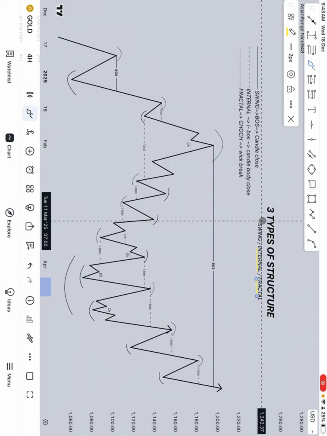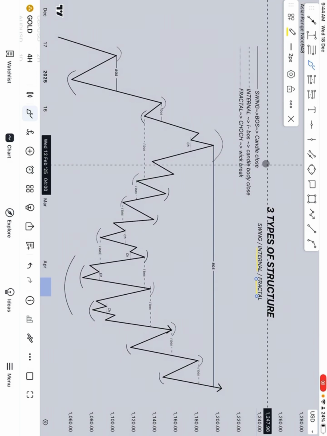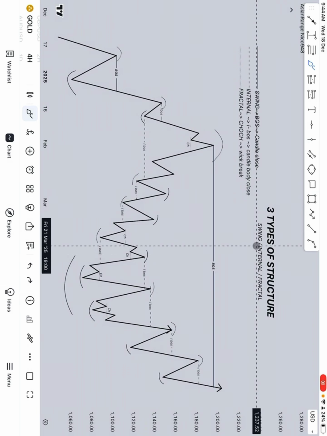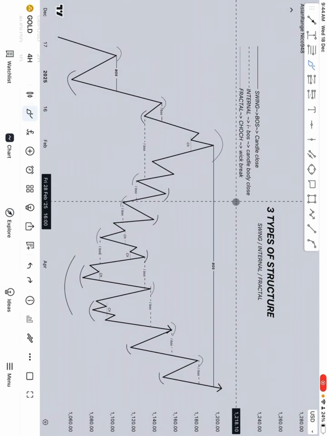What we have discovered is that if you can separate your market structure into these three market structures, it's really going to increase the accuracy of your trades. I don't just want to hype up everything, but you will see that as we move forward. Remember, the swing structure is the overall structure, the internal structure is a structure within your swing structure, and the fractal structure is a structure within your internal structure.